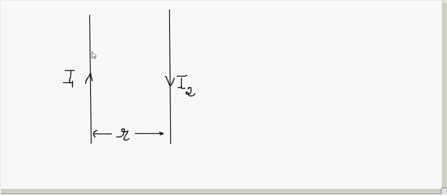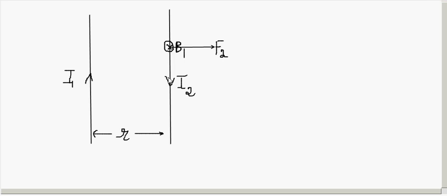Now due to I1, there is a field B1 produced, and the second wire is placed in the field B1. The direction of B1 will be inward, and for the force F2, here current is going downward, so F2 will be acting like this. This will be the direction of F2, the force on the second wire due to current in the first wire.